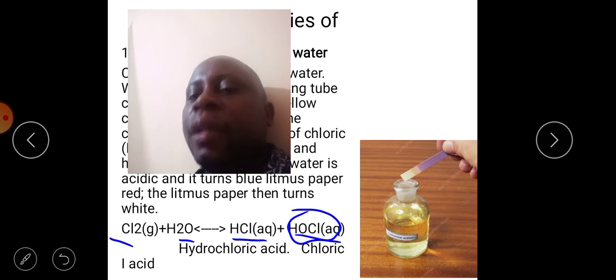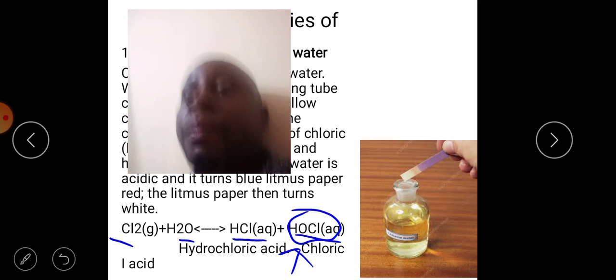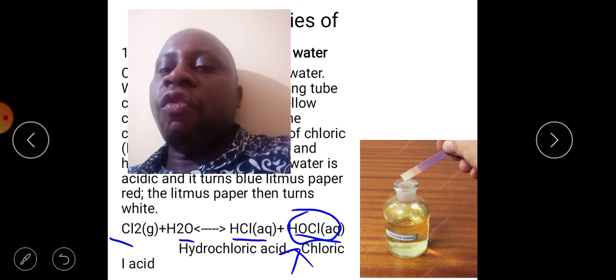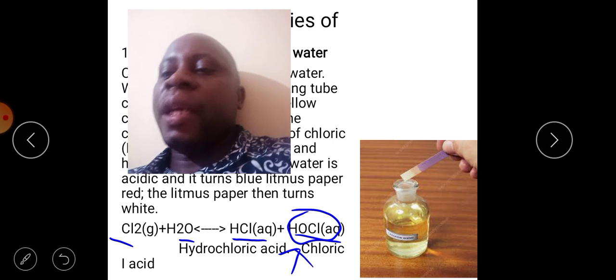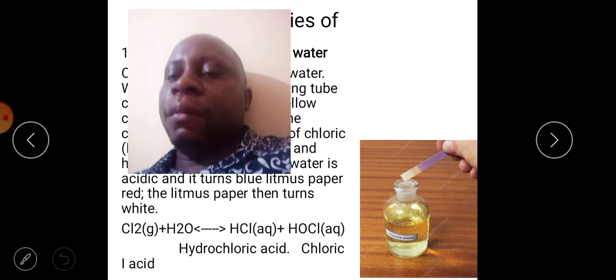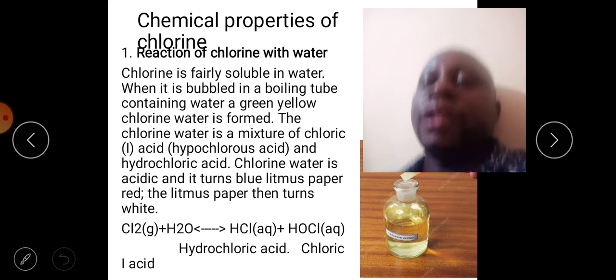So this chloric 1 acid is the one which actually causes bleaching of any dye, any colored material. And bleaching here actually is by oxidation, as we shall see later.